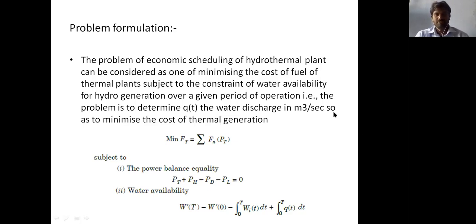That is, the problem is to determine Q of T, water discharge in meter cube per second, so as to minimize the cost of thermal power generation.